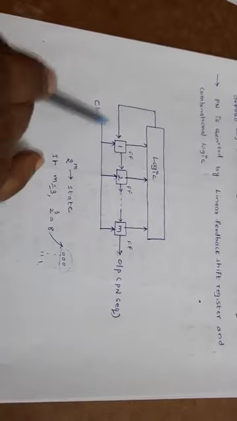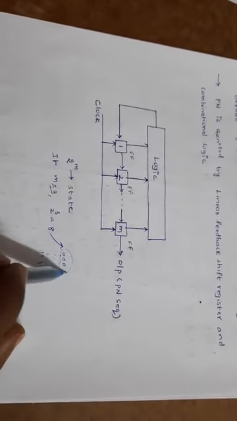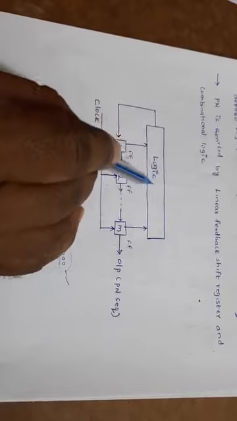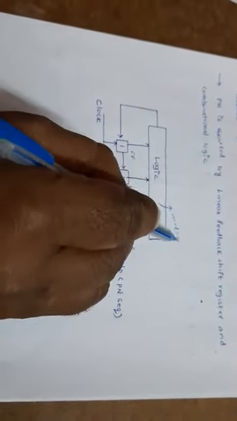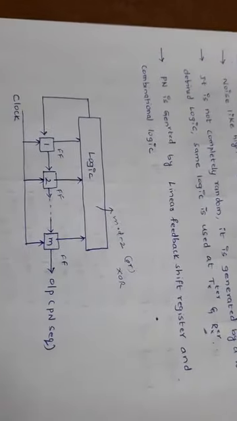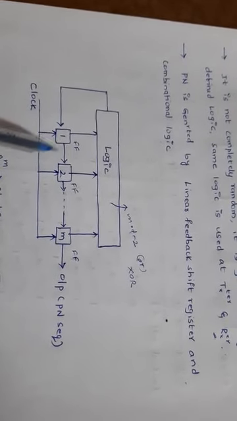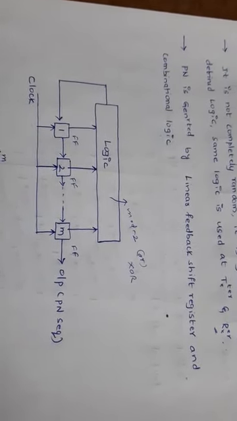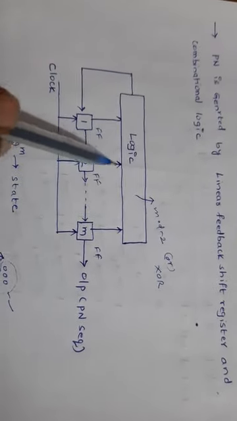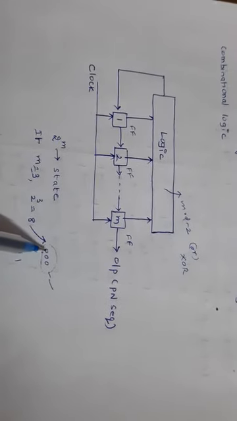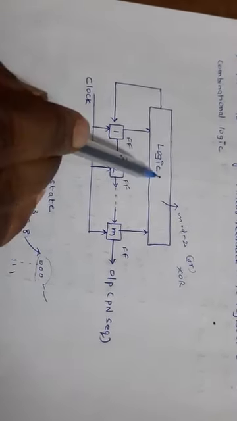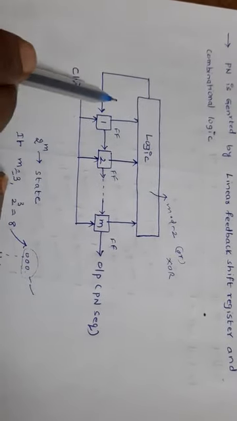If I am using a logic that is a modulo 2 operation, or simply an XOR operation, and the output of each and every flip-flop is given to the logic, then for the combination 0, 0, 0 the output of the XOR is always equal to 0.